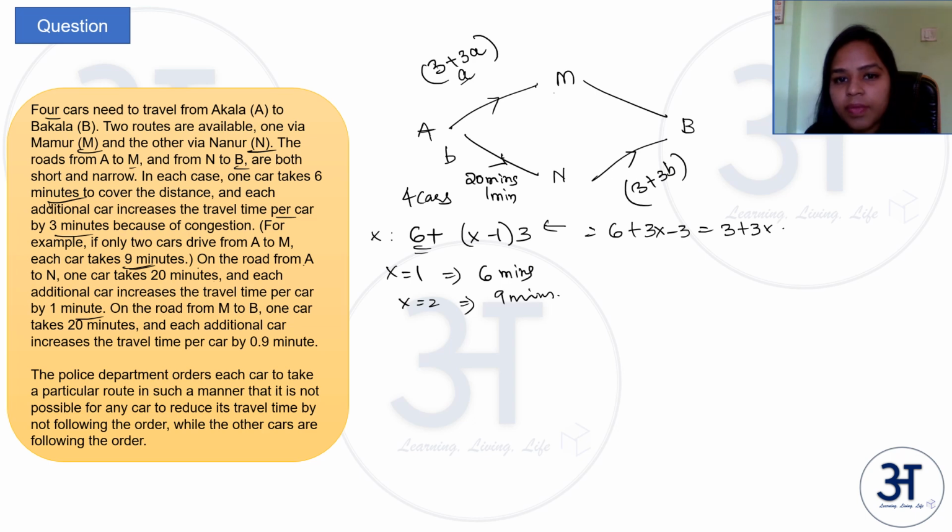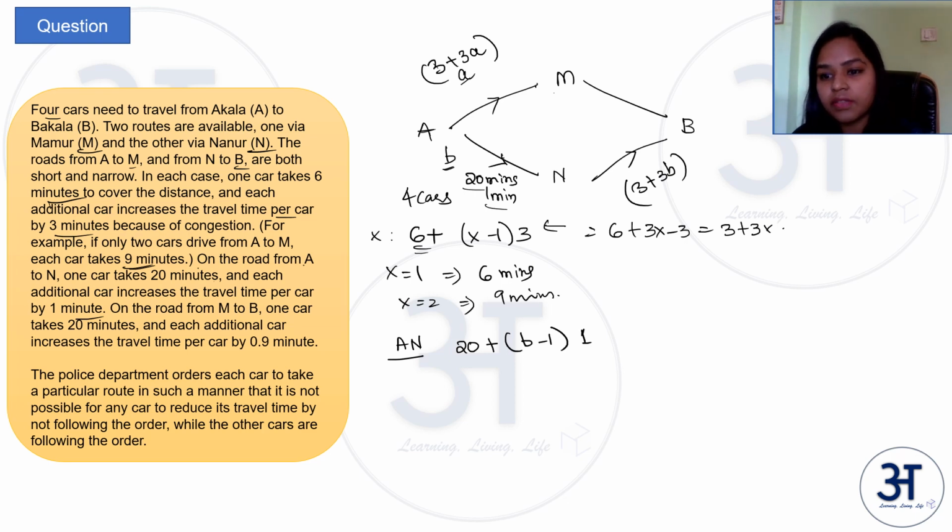Now we have 20 minutes for one car and 1 minute for an additional car in the case of A and N. So if you take AN, it is 20 minutes for one car and there are B cars traveling from A to N. So B minus 1 into 1, 1 minute for an additional car apart from 1. Right? So in this case, what will be your equation? 19 plus B. So here 19 plus B minutes it is taking to travel from the route A to N.